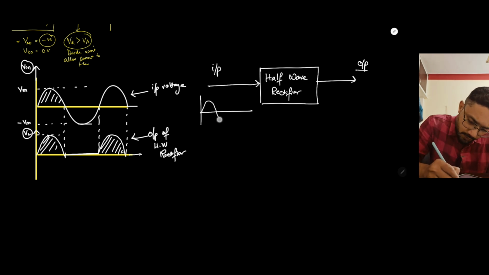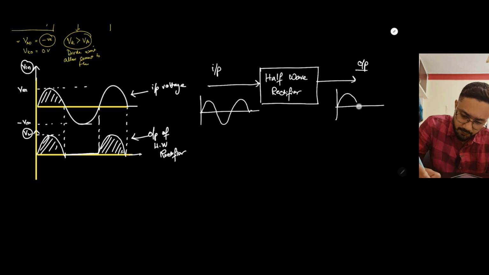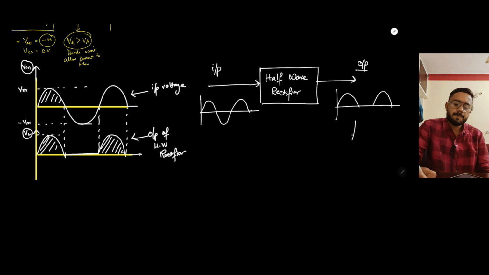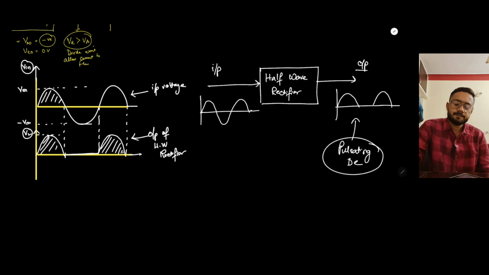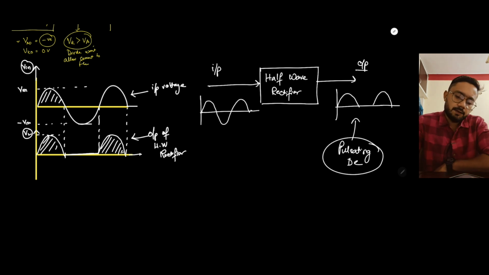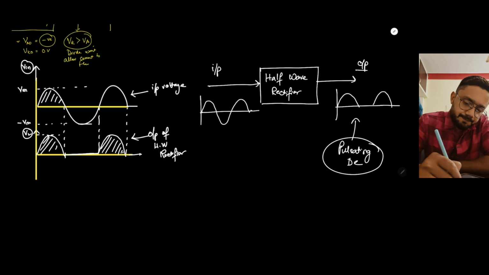If the input looks like this, how will the output look? It will look like this. This is pulsating DC. Fine.